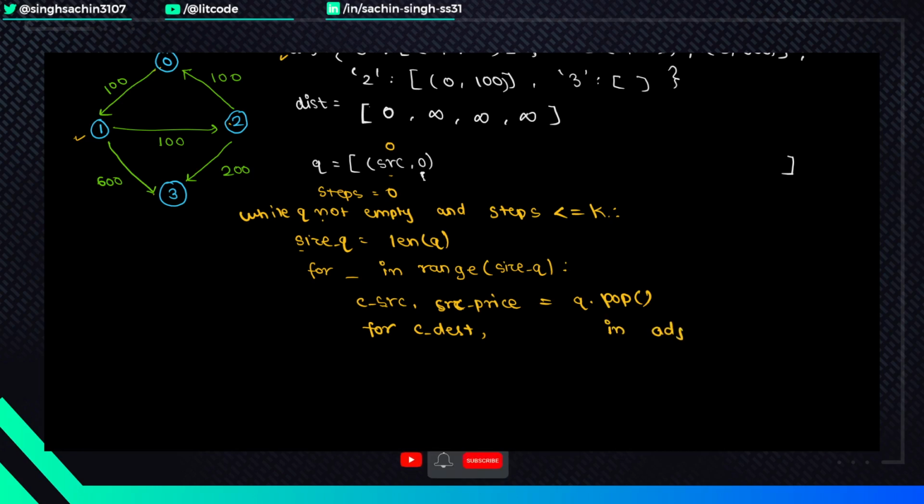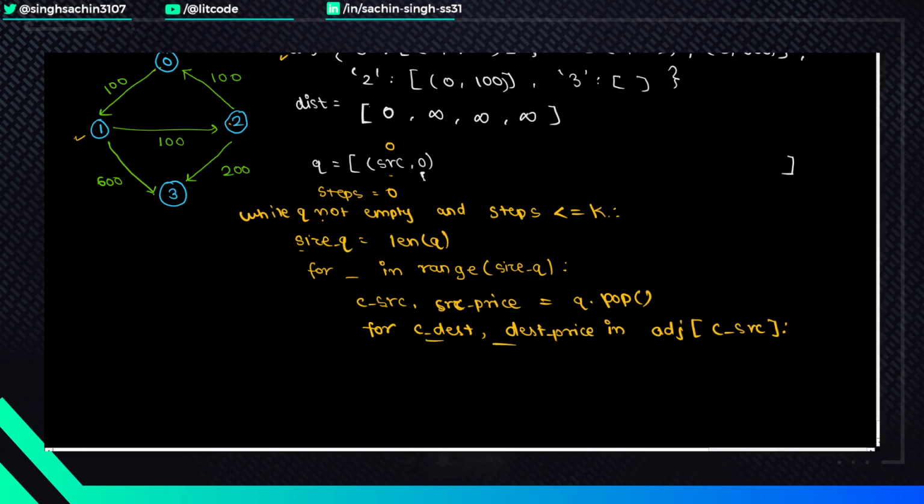So I'll use adjacent, and we will use current source for it. Every time you look for a key, you'll get at least two values, right? It's an array. The first one is the destination you can go to, and the other is how much you'll have to pay for reaching there. So I took two values from there.